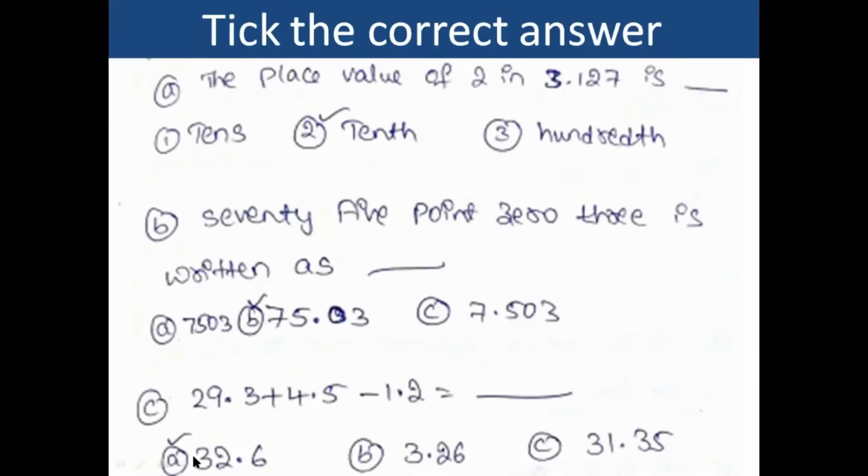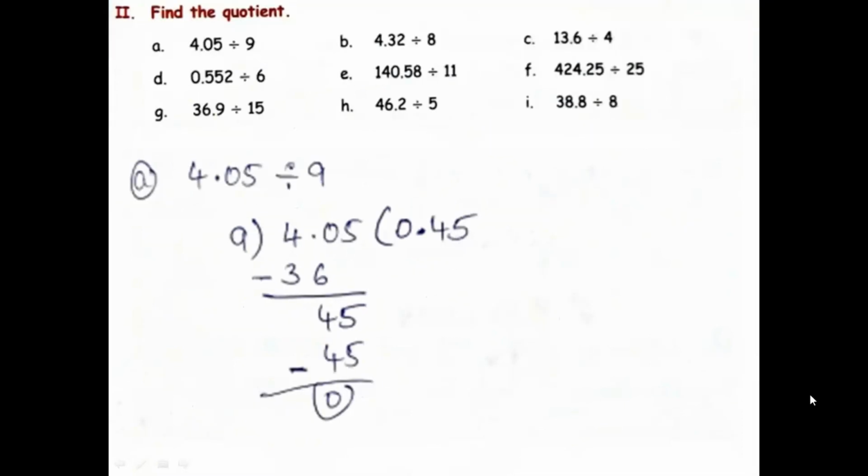Find the quotient. Example A1: 4.05 divided by 9. 9 is the divisor. 4.05 is the dividend. In the quotient, put 0 point.